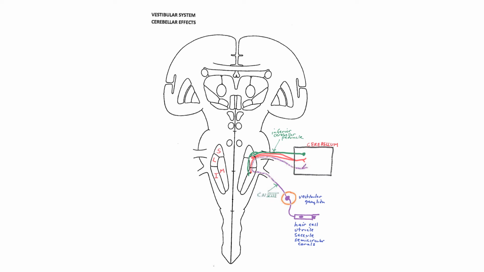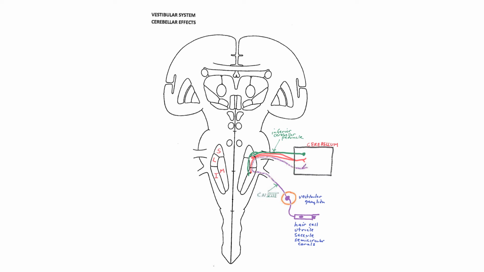These fibers tell the cerebellum the current status of vestibular activity. Next, coming from a vestibular nucleus, in this case, I'm showing this coming from the lateral vestibular nucleus, I'm going to have nerve fibers that also come into the cerebellum. This will tell the cerebellum the current status of the vestibular nuclei.